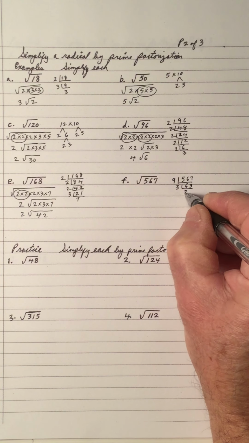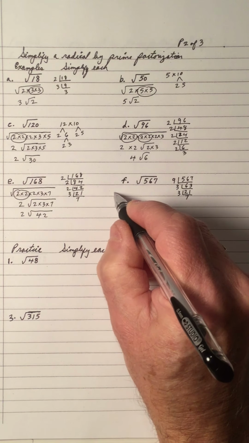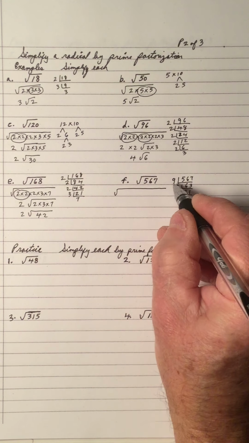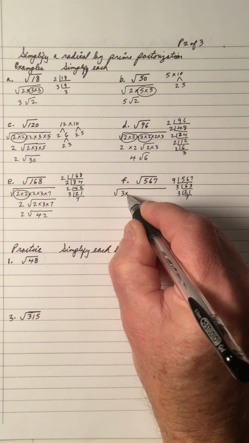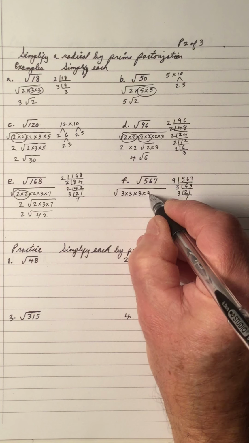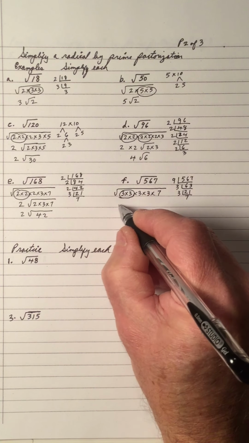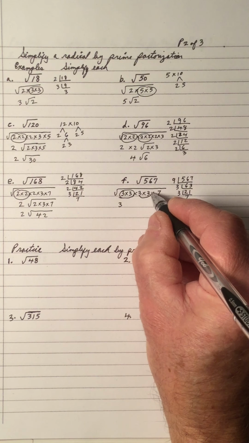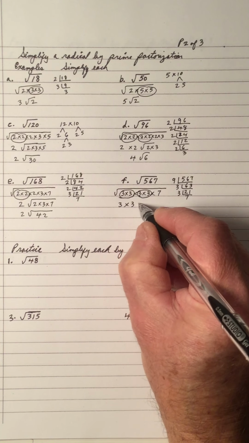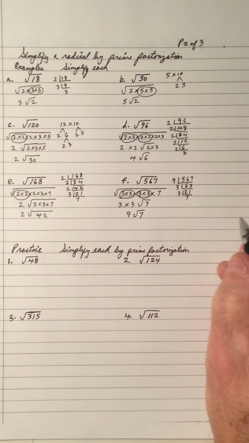I see a 3, which is a 21, and 21 is a 3 and a 7. If we break it right down, a 9 is a 3 and a 3, and 2 more 3's, and a 7. So that's a 3, and there's another 3 with a 7 left, so it's 9 root 7.